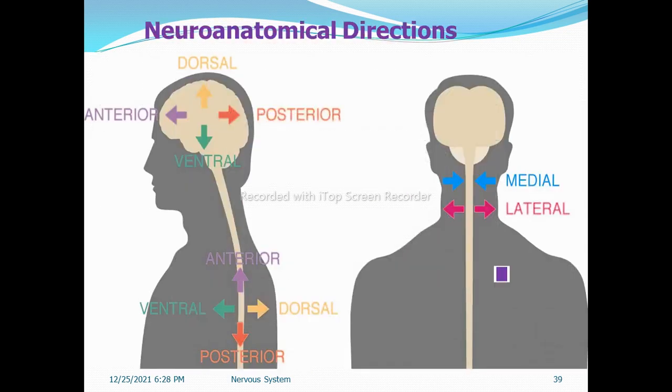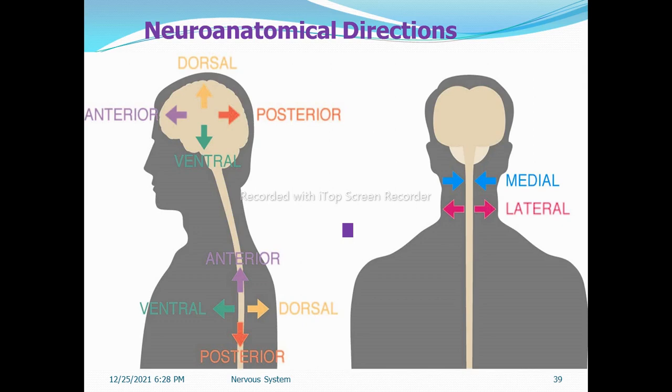Another is neuroanatomical directions. In the introduction part we have seen different directions and direction terminologies, but in the CNS some terminology deviates from what we know, and it is important for understanding the anatomy of the nervous system.